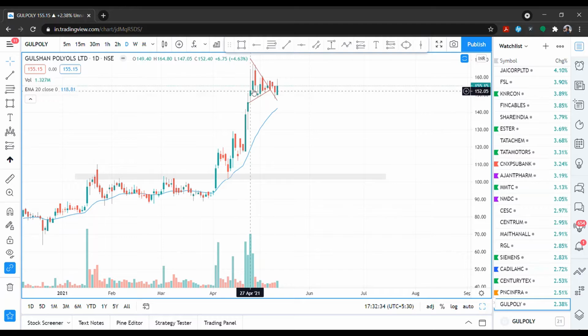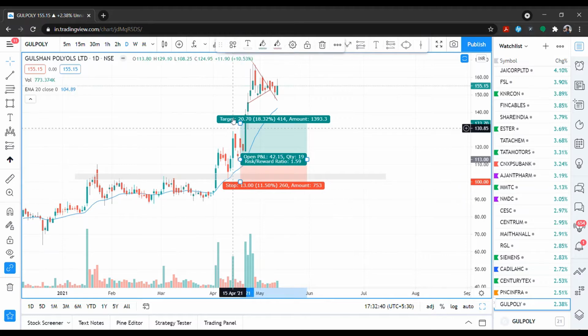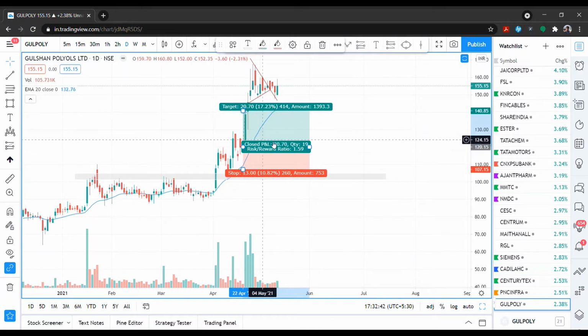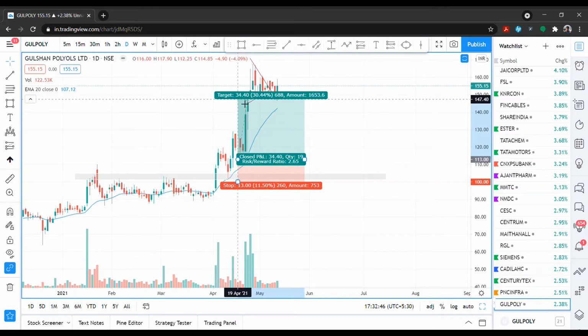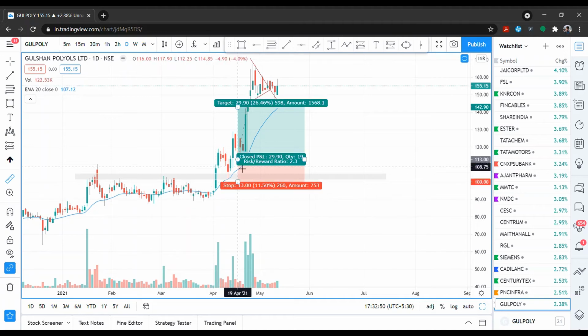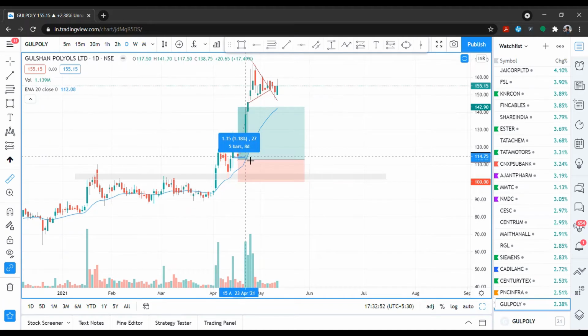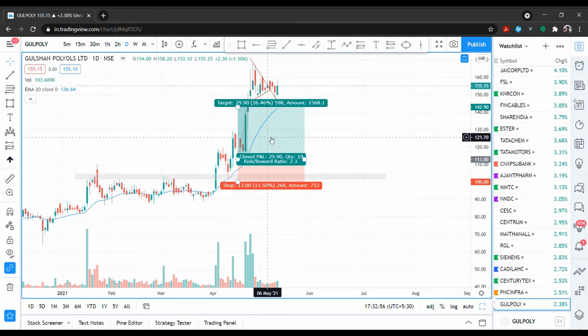If you had entered here and put your stop loss somewhere around here, an RR of 2 would have been really easy. It would have been achieved within how many days? Within just 5 trading days. So that is the break and retest scenario.